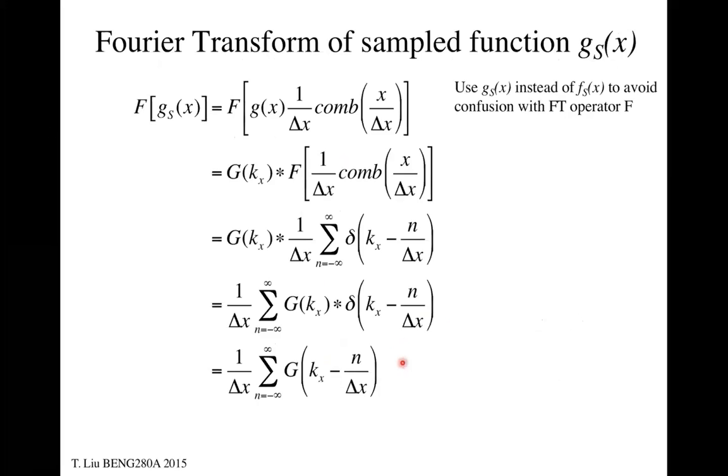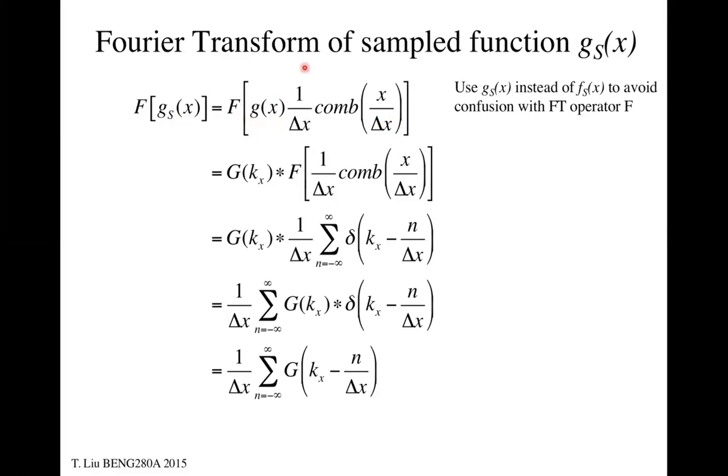So now we can look at what the Fourier transform of a sampled function looks like. Here's our sampled function, g sub s of x. It's the continuous function multiplied by our comb function in the spatial domain.